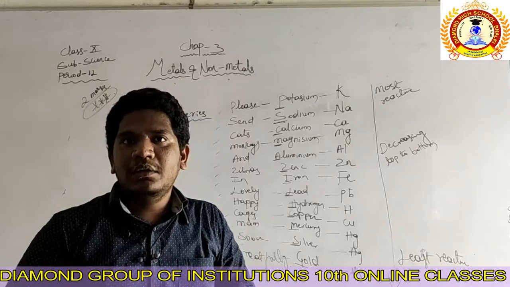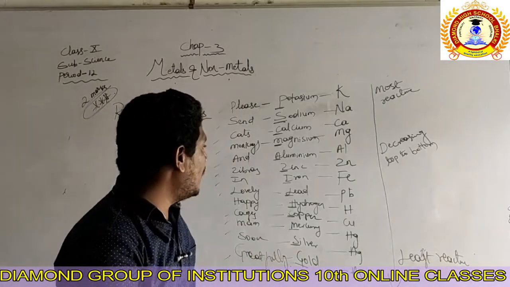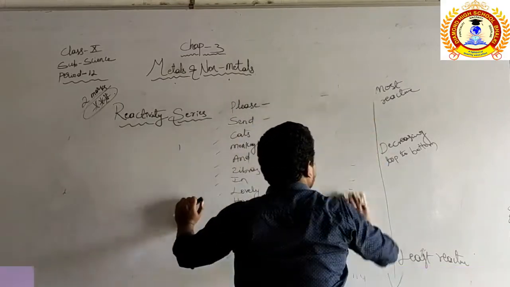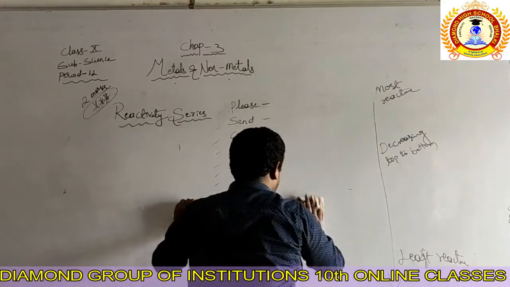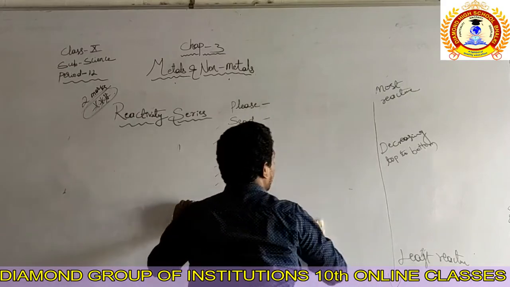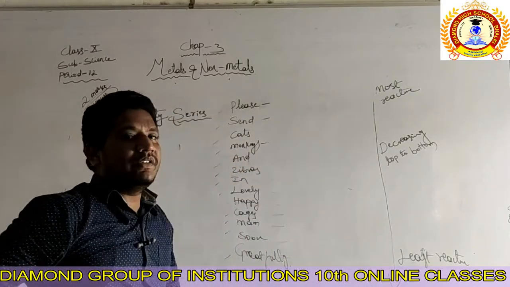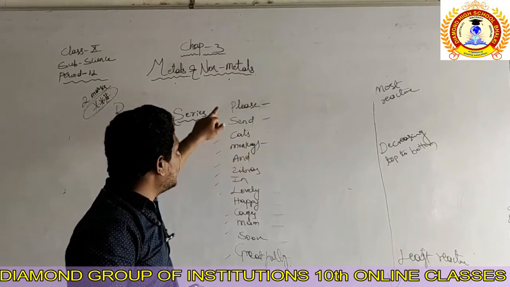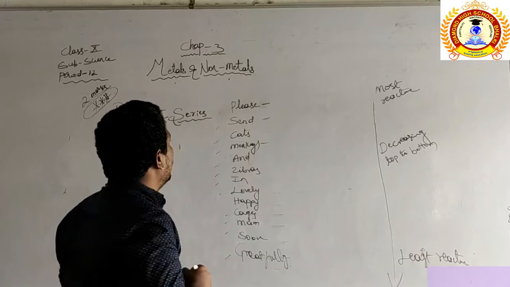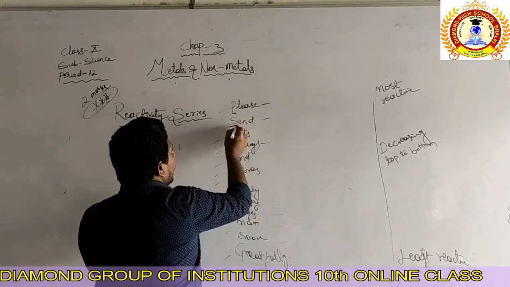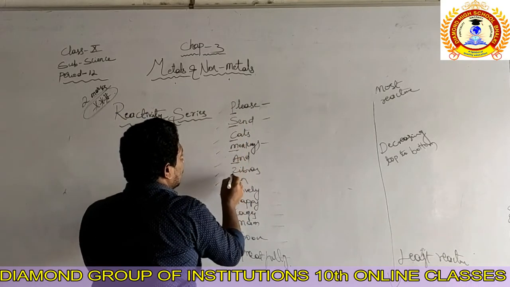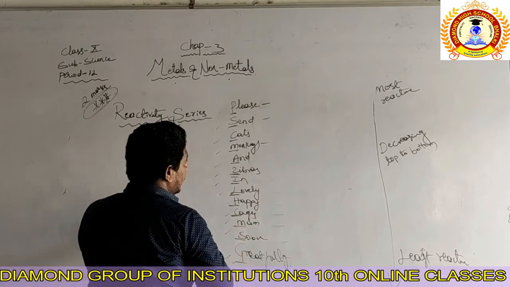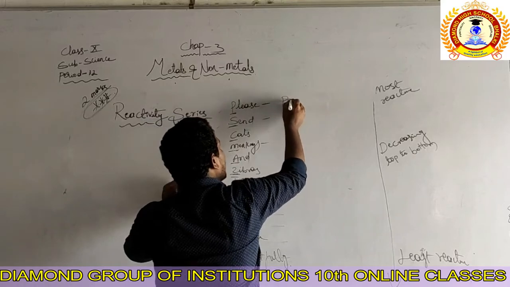Is it possible to write by knowing this? I will show you how to write it. If you remember this trick, you can write the whole reactivity series. First of all, you have to write in words; you cannot write in symbols. Take the first letter of each word. Please: P means potassium.